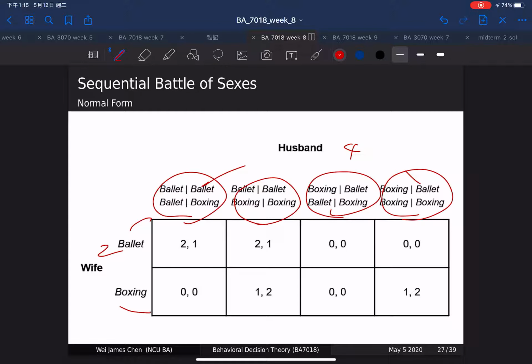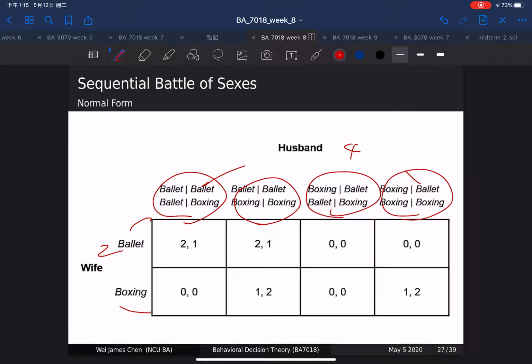So the normal form, the same game, I just move from a simultaneous game to a sequential version. Now it's a 2 by 4 game matrix, not a 2 by 2 game matrix anymore. Okay? But no matter how many grids I have, the way to check for Nash equilibrium is the same.